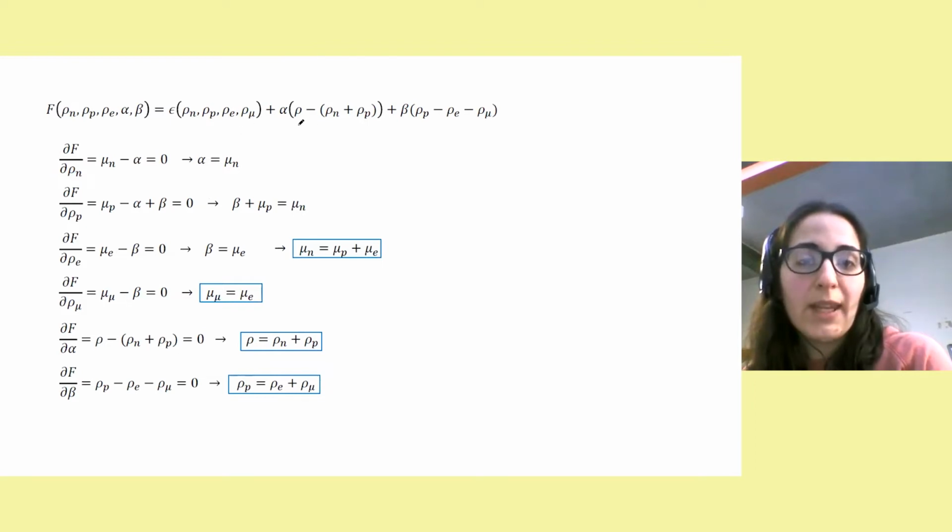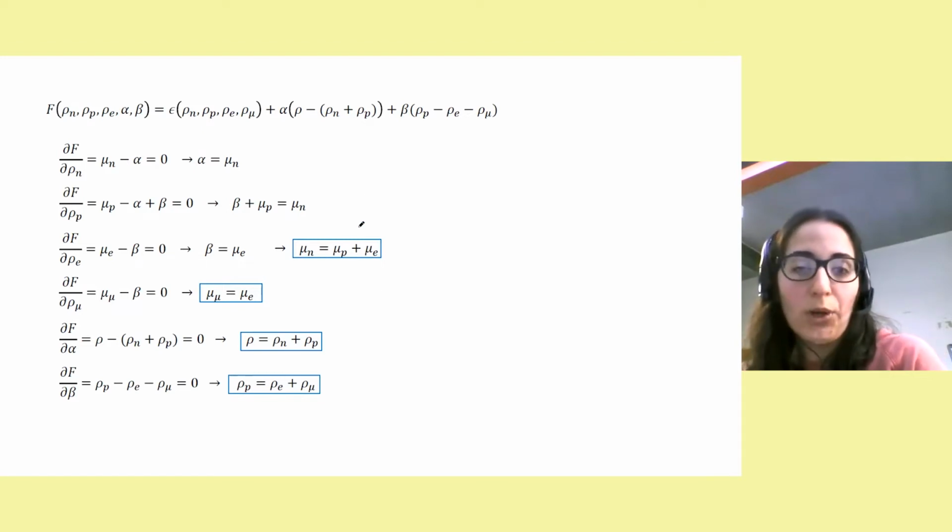The constraints that we have to put are the conservation of baryonic density, which is the same, but for the conservation of electrical charge, now we have that the proton density has to be equal to the sum of the densities of electrons and muons. And if we do that, we get the equations that will give us the composition of the neutron star matter.